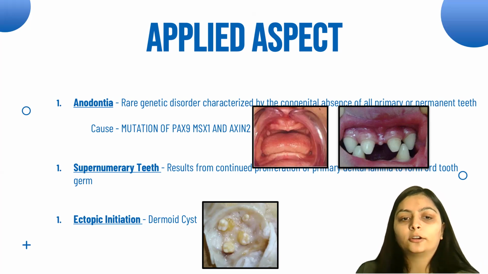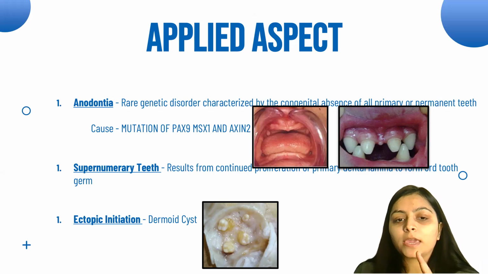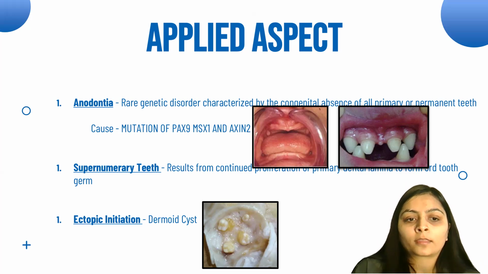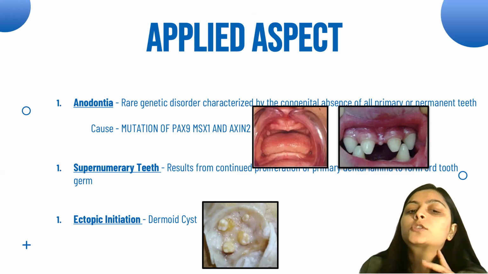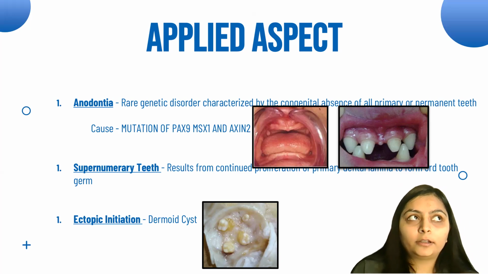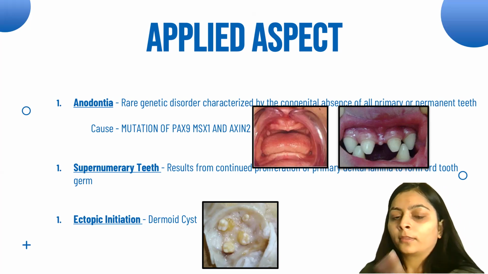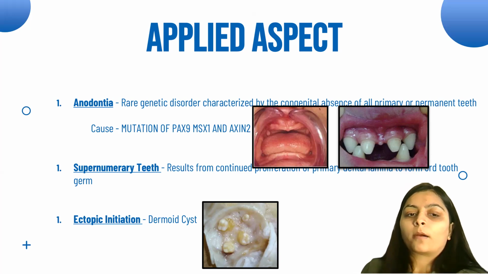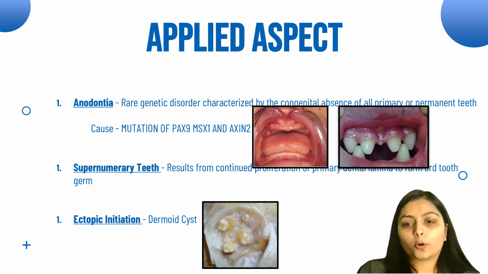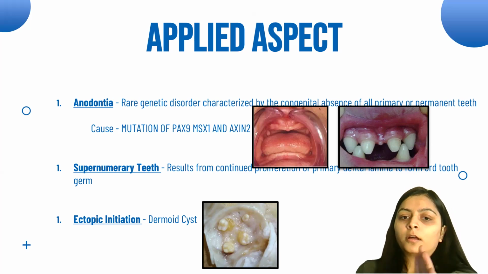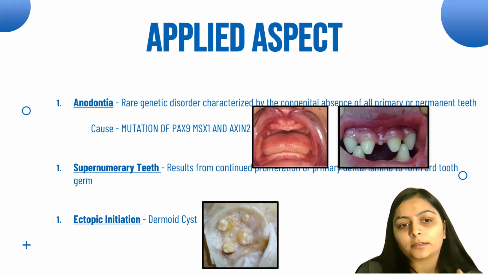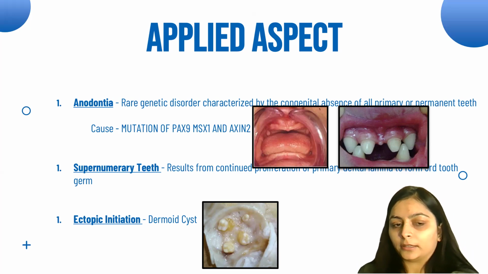What can cause anodontia? Mutation of the PAX9, MSX1, and AXIN2 genes. Another defect is supernumerary teeth. If the dental lamina divides multiple times, it results in an extra tooth in the oral cavity, other than the 20 primary and 32 permanent teeth, known as supernumerary teeth.